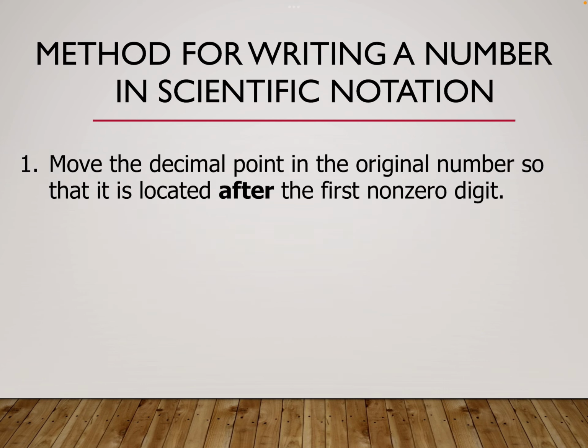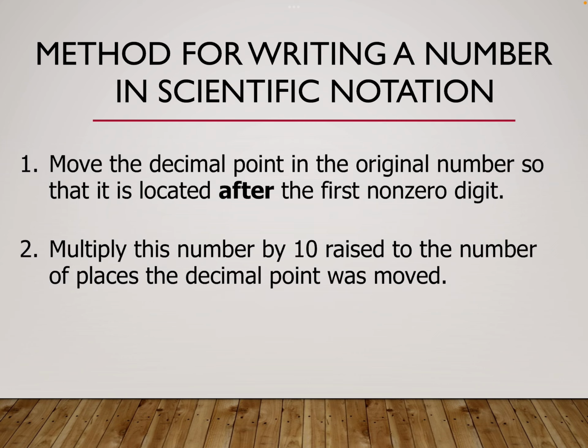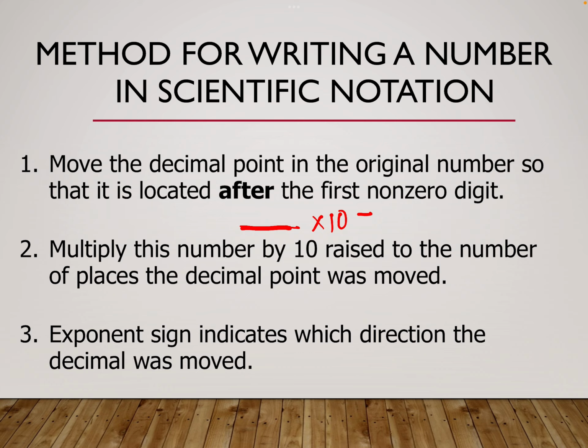And then it's always a number times 10 to the something. And that something is going to tell you the number of decimal places that it moved. How many times did you move your decimal point?